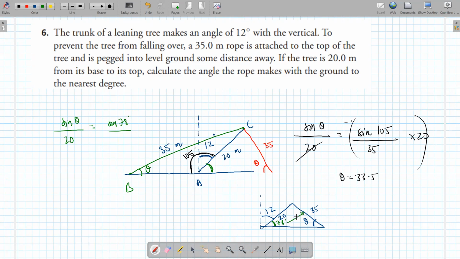The opposite side is 35, so it's going to be 35. Now let's find theta. So it'll be sine 78 times 20 divided by 35, sine inverse of that, and that gives me 34 degrees. So a slight difference here. This one was like 33.5, this one was like 34.